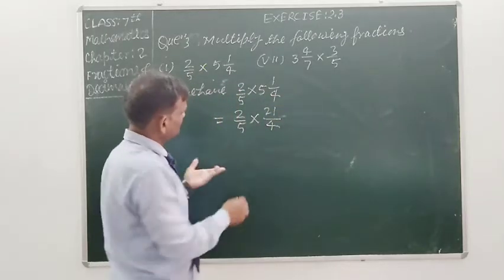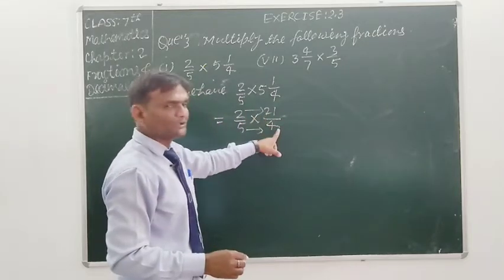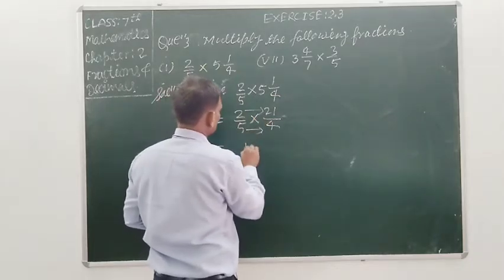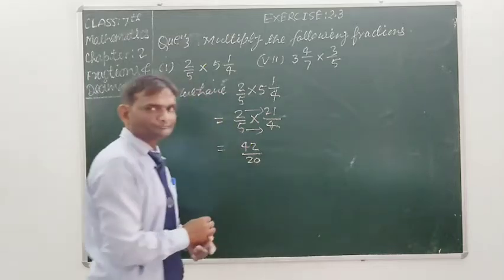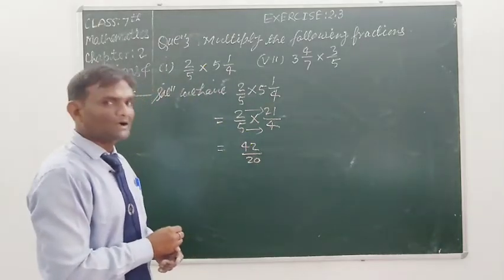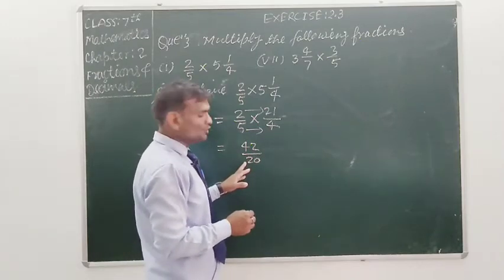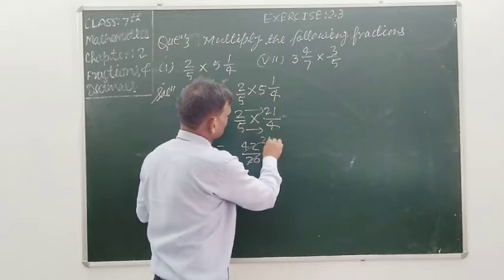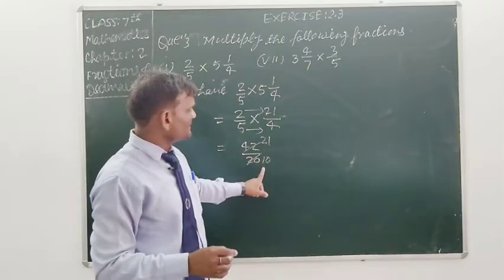Now student, you can multiply easily, numerator to numerator and denominator to denominator, that is 21 2s are 42 and 5 4s are 20. You can cancel by 2. 2 10s are 20 and 2 2s are 4, 2 1s are 2. 21 upon 10. This is the simplest form.